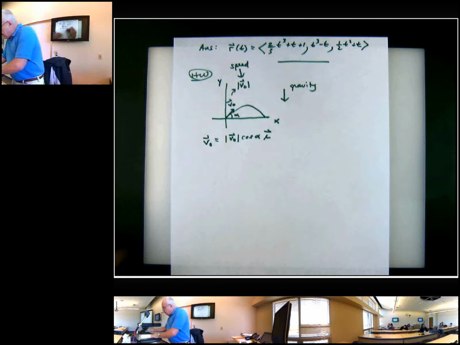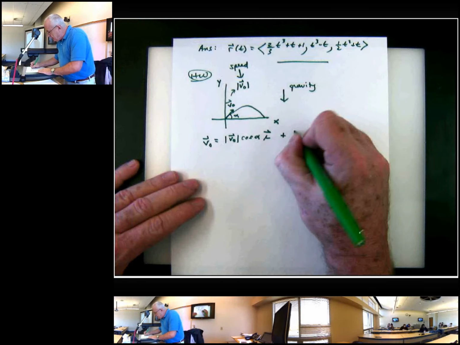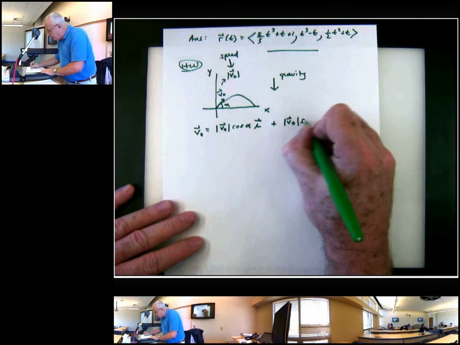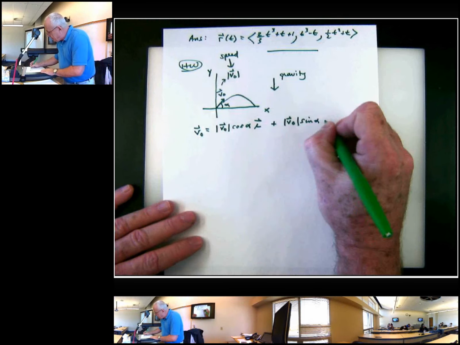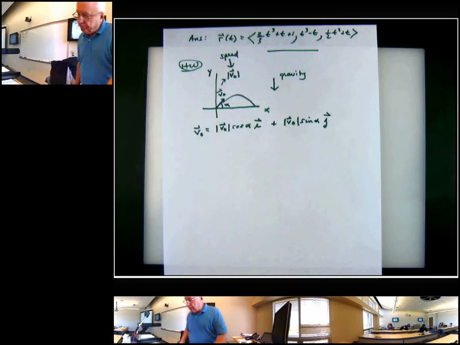And then we have a vertical component, which is going to be the speed, the absolute value, times the sine of alpha, and this is going to be for the J vector, for the vertical. All right.